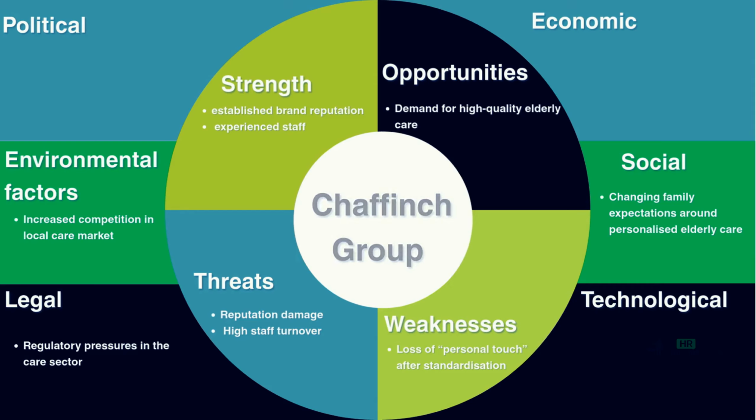Understanding this, the learners should think about internal and external factors affecting Chaffinch Group. Analysis tools such as SWOT or PESTLE help an organization develop its strategy by providing a structured, evidence-based understanding of its internal capabilities and external environment.